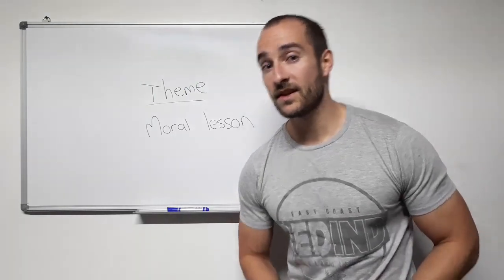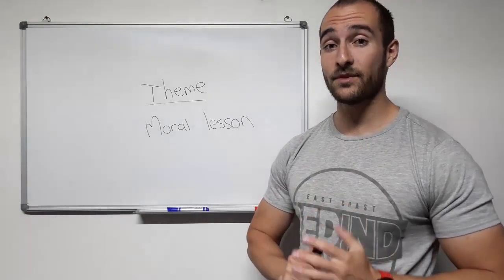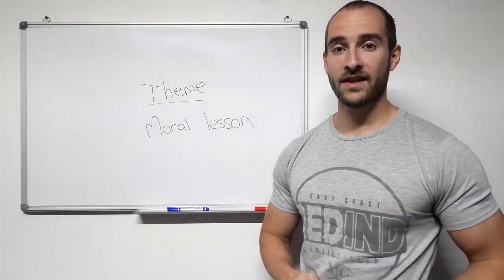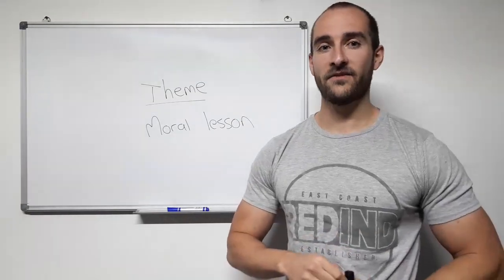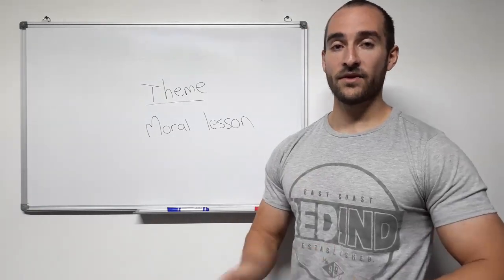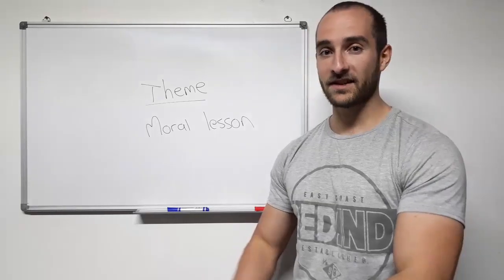Now, you might remember in the previous lesson, I did tell you that theme can be subjective, which means you can have your own opinion about it. And that is true. Same thing for this novel. You might read it and find that obsessive behavior is frowned upon or is horrible for your character. You can see that as a theme.